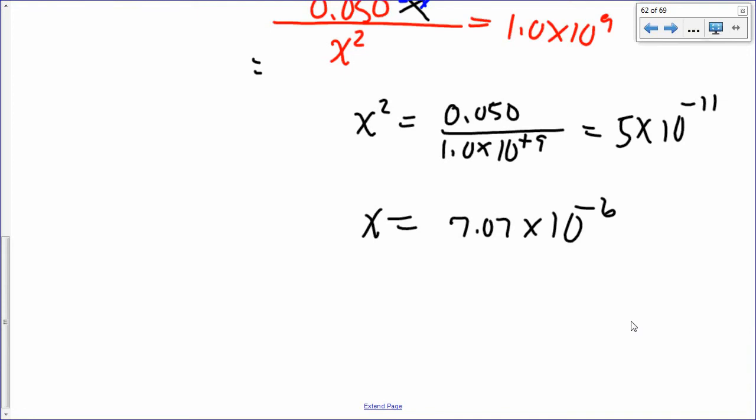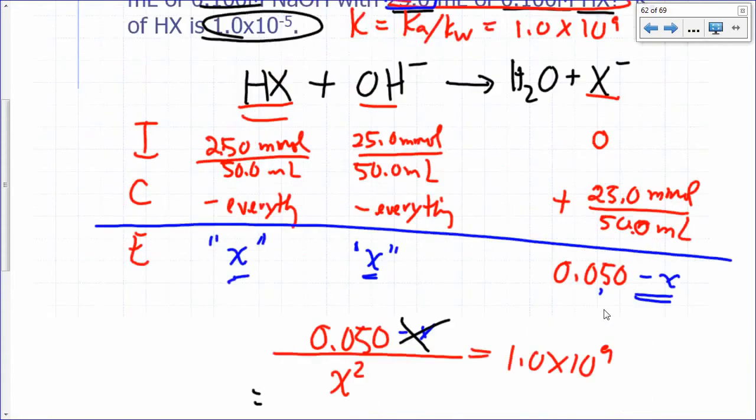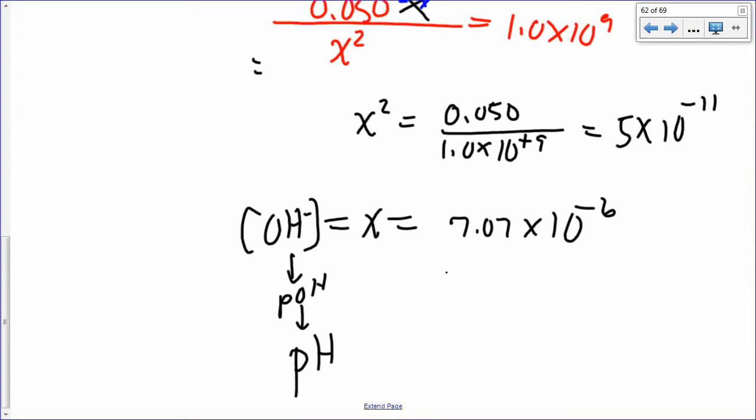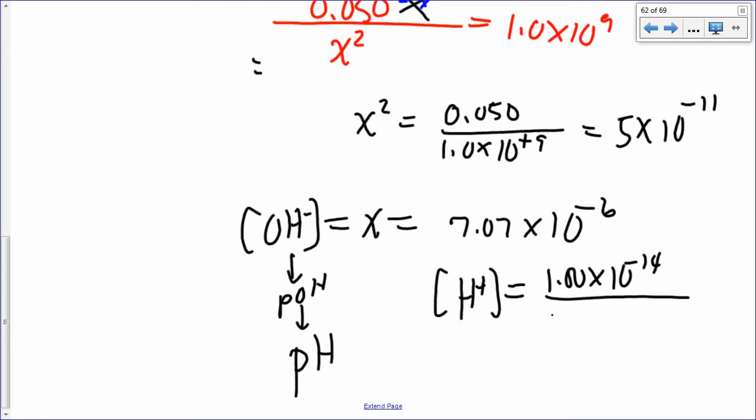So that's your x. What is that x? That's hydroxide, right? If you know hydroxide, how do you determine pH from hydroxide? You can go to pOH and then figure out pH, or you can go straight to H plus. H plus would be 1.00 times 10 to the negative 14 over hydroxide, which is 7.07 times 10 to the negative 6.